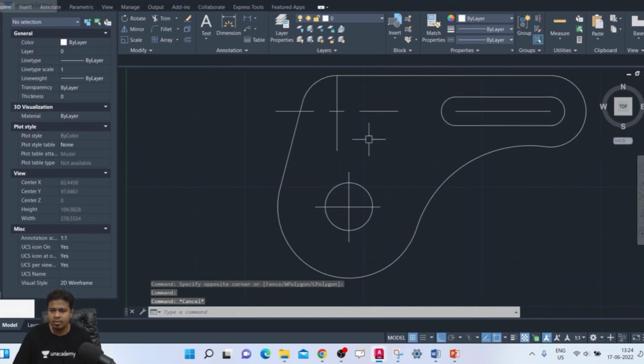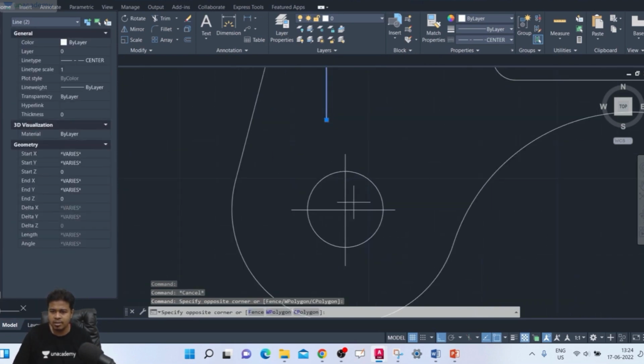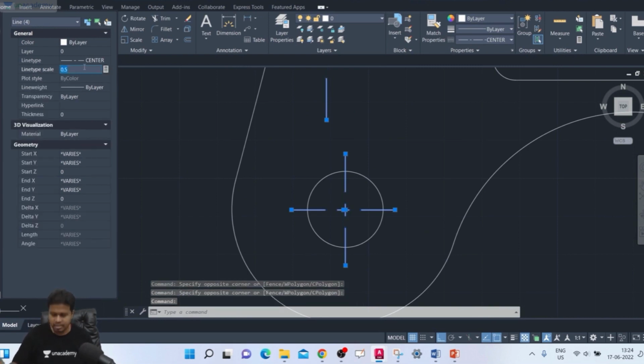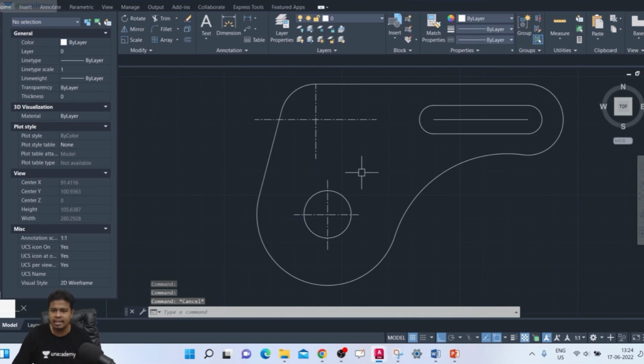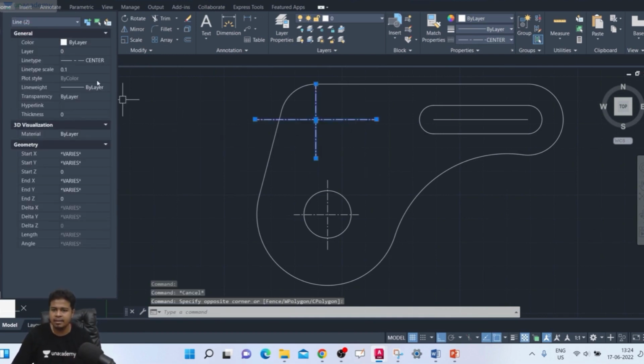Now you might not be able to see this, so change the line type scale to 0.5, or you can do 0.1 as well, so that it will at least look like a center line. You have to change the line type and line type scale.